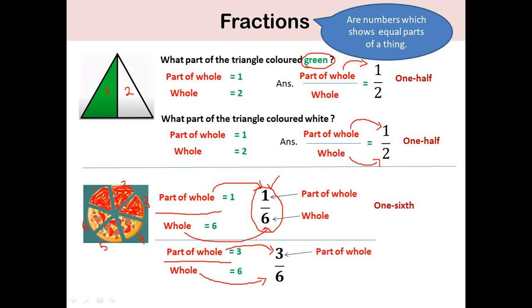This is your part of whole and this is your whole. This is also read as 3/6. Read from upper part to lower part. At the upper part, 3 has been written. Then lower part 6, so it is read as 6th. So 3/6, right?